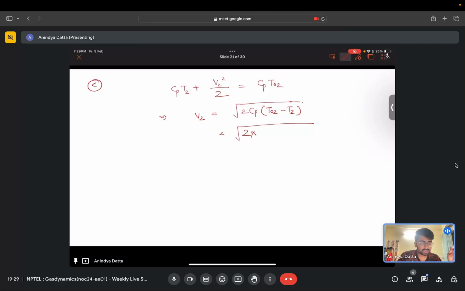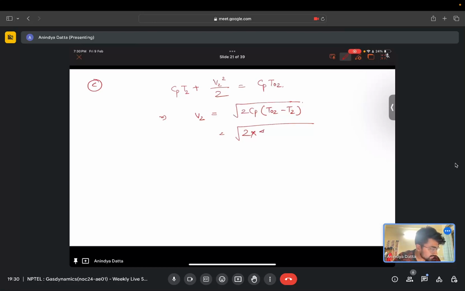You know the ratio of stagnation temperature to static temperature, then you can find the Mach number, compute the speed of sound, and do Mach number into speed of sound to get the velocity. But you can also use the approach from the basic energy balance. Both ways are possible. In that approach you first find the Mach number, then the flow velocity. Here I am first computing the flow velocity, then we'll go into the Mach number.